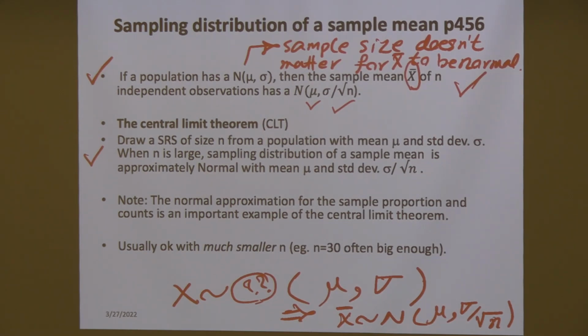You choose another sample of 100 people from the Canadian population, the sample mean is going to be, for example, 180. Next time you do that, it's going to be, for example, 179.5, right?